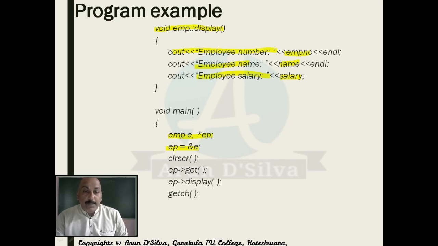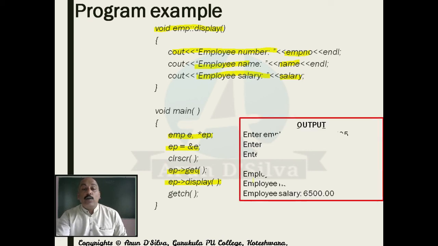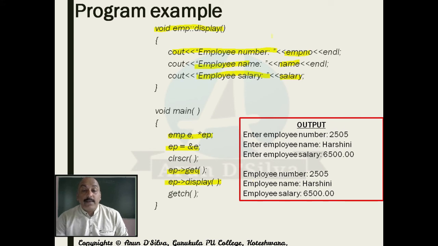So EP points to E. Then EP get, EP display. By using the pointer variable, I am reading the data and displaying it. The output is very simple. I inputted 2505 Harshini 6500, and that is displayed like this.